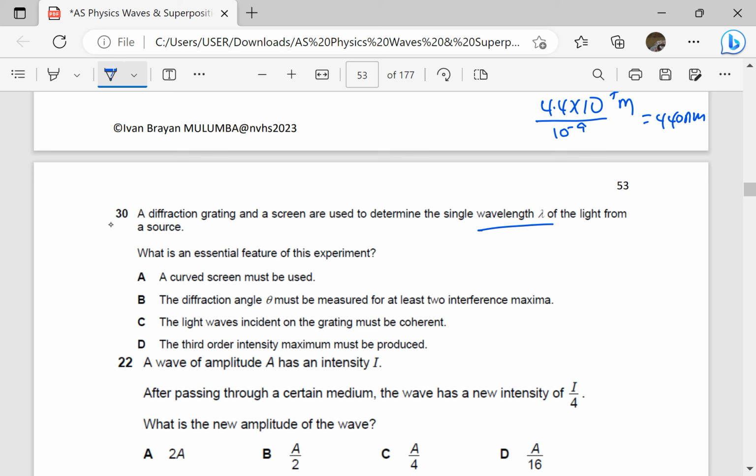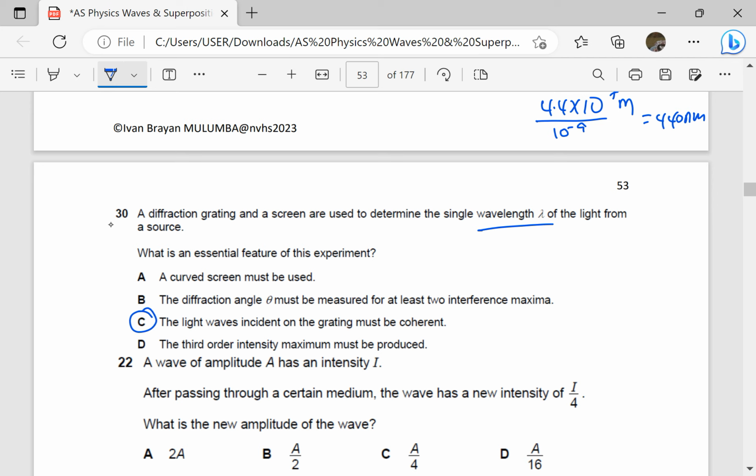Even if it is not curved, we can still find the wavelength. The diffraction angle theta must be measured for at least 2 interference maxima. We can still find the wavelength even if we measure 1. The light waves incident on the grating must be coherent, and this is going to be the most appropriate answer.